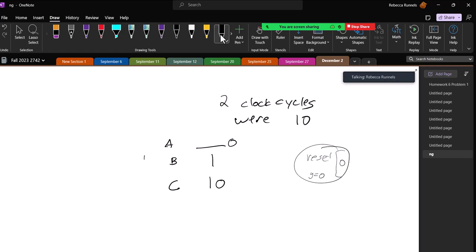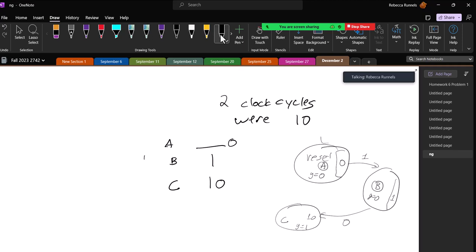That's equivalent to having a 0. Then if I get a 1, I'll go to state, so this is state A, I'll go to state B. That's equivalent to having a 1. My output is 0. If I'm at 1 and I get a 0, I go to state C. And then in that case, my output would be 1.